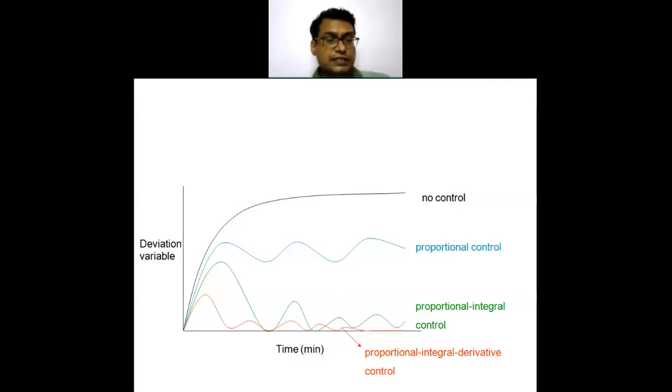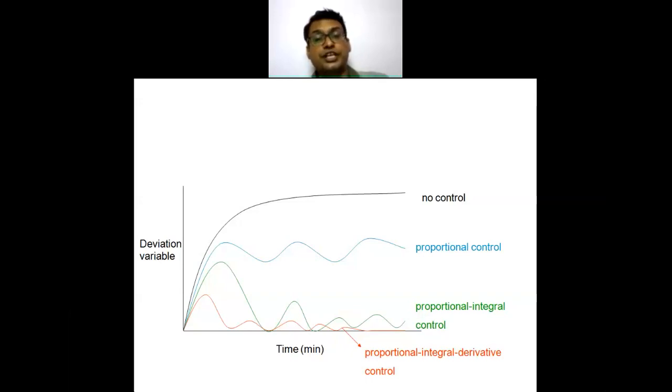Now this is a deviation variable. Deviation is the difference between the set point and the controlled variable, or you can say the offset, the variation from the desired value. Desired value is your set point.